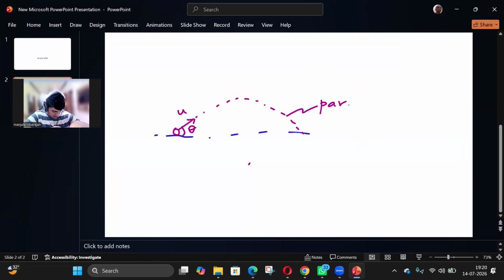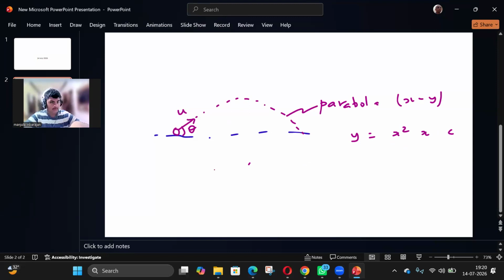This is a parabola in the xy plane, in the sense y will be x square, x and then a constant term. And this relation they would have derived. It's not difficult to derive.